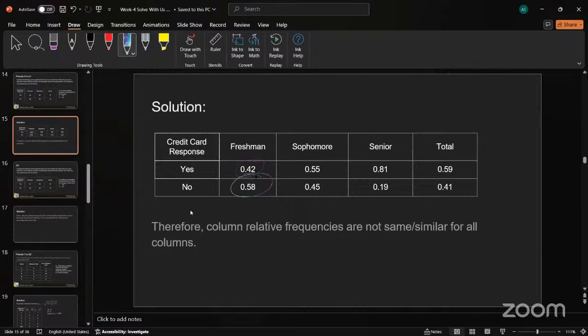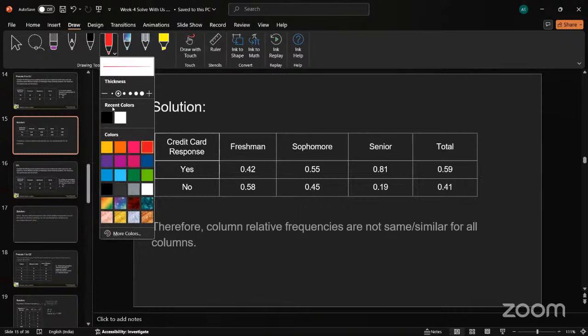Yes, it is increasing, but that's not the way that you check. What you have to understand is that if you are a freshman, there is a 0.42 chance that you own a credit card.